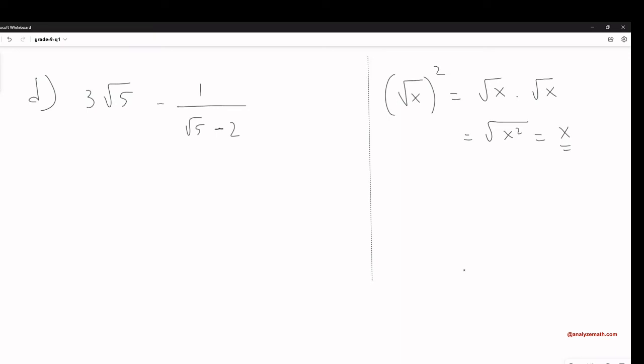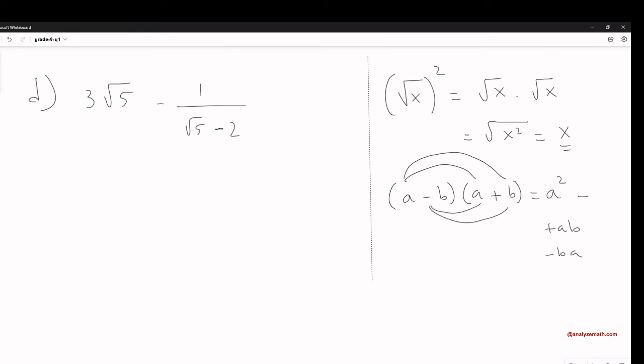The second thing, if I have a minus b multiplied by a plus b, that will give me a multiplied by a, that's a square, and then plus ab, and then minus ba, and then minus b square.